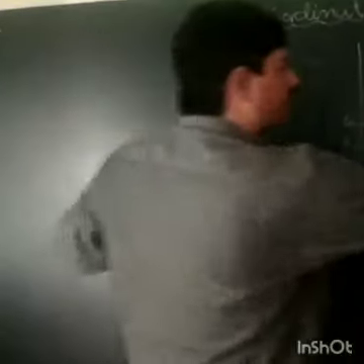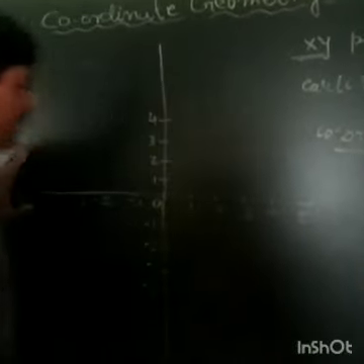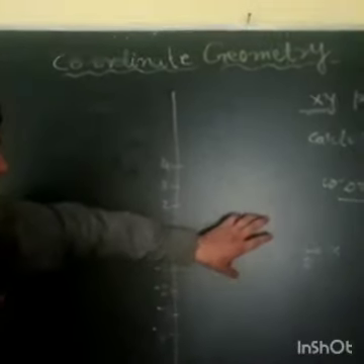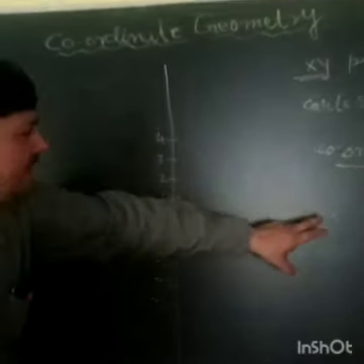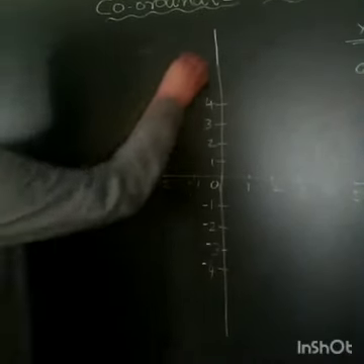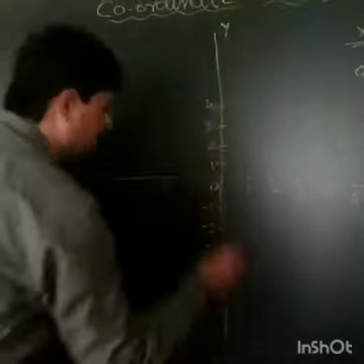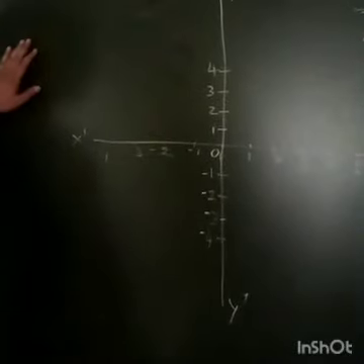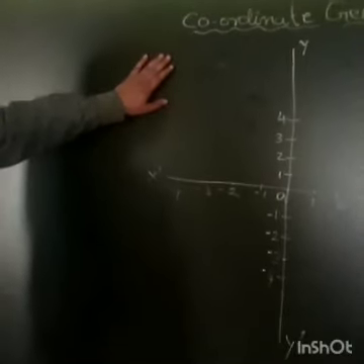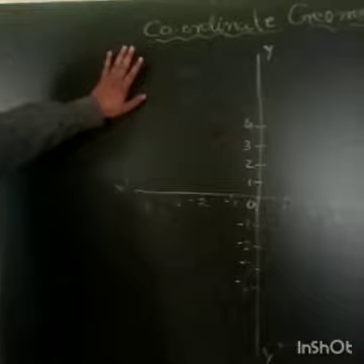Why is it called the XY plane? Because this horizontal line is the x-axis and its negative side is x dash, and this vertical positive side is the y-axis and this one is y dash. So this plane is called the Cartesian plane, coordinate plane, or XY plane.